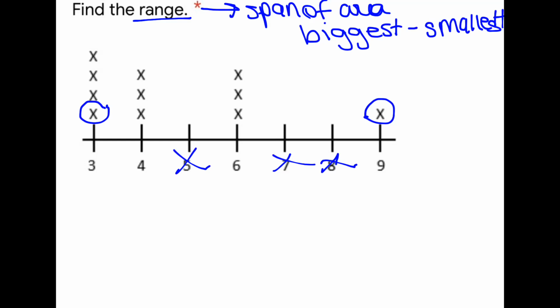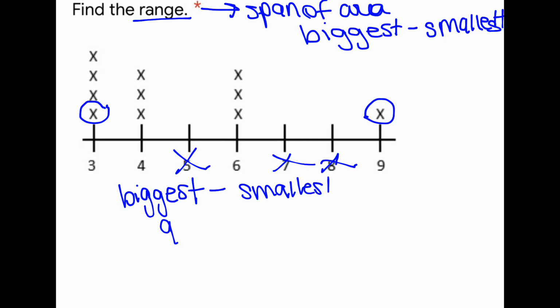So we take our biggest number, and our biggest number is a 9, minus our smallest number. And our smallest number is a 3. When we subtract those, that will equal our range. That is the number you will write as your answer.